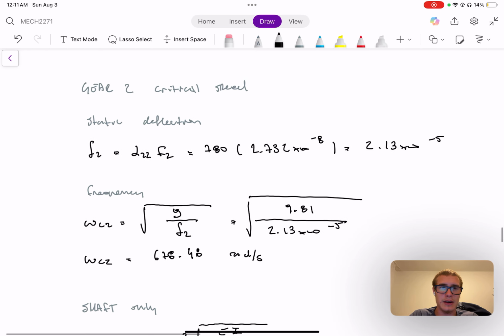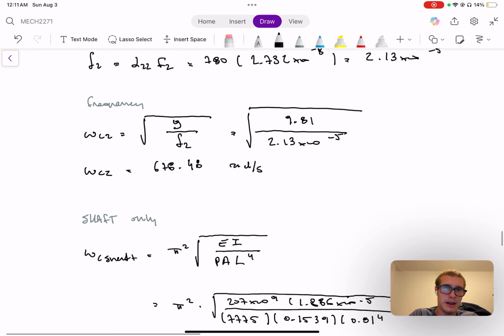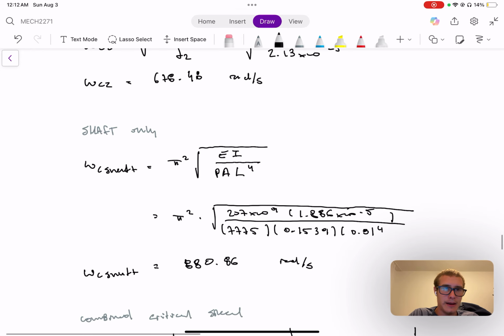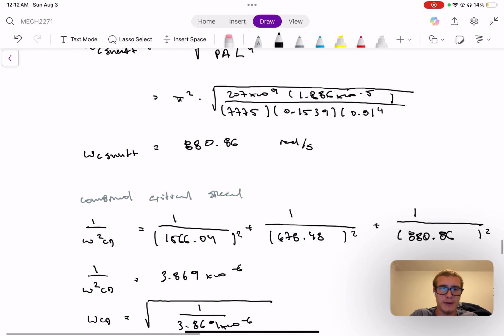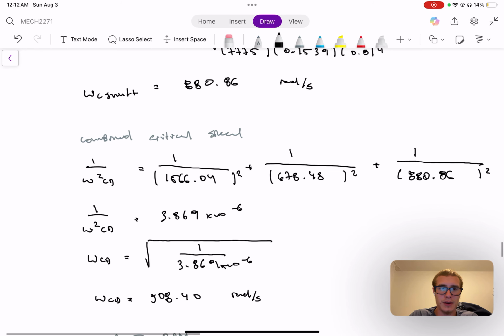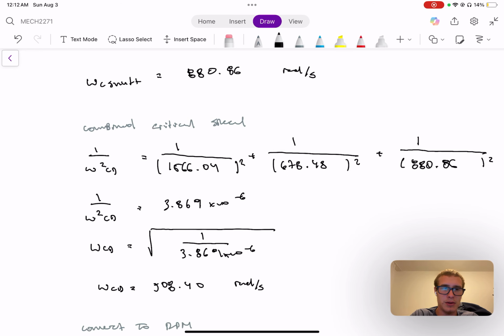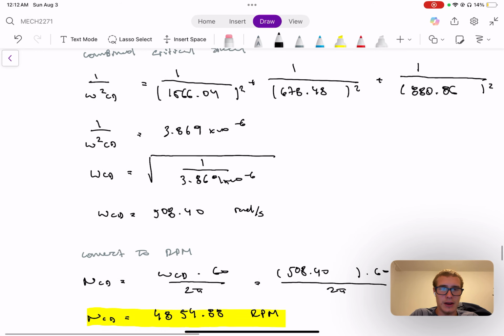For the second gear critical speed, and then we get the shaft only, which is given by this formula. We plug in all the known values, we get the critical speed for the shaft, and then we plug in all of those. We have to take the reciprocal and make sure to square it, and we get this value right here.